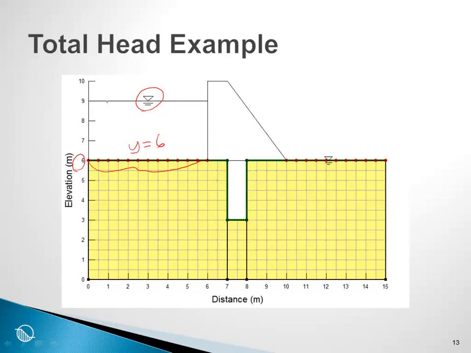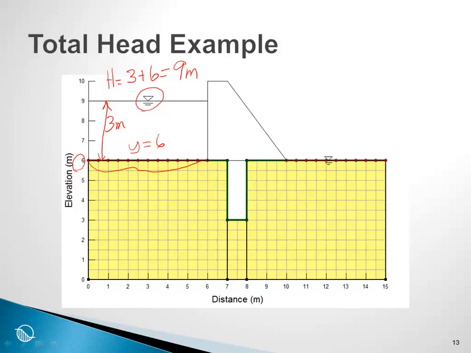The pressure head is equal to 3 meters of water. Therefore, the total head boundary condition is equal to the pressure head of 3 plus 6 meters of elevation, which is equal to 9 meters.